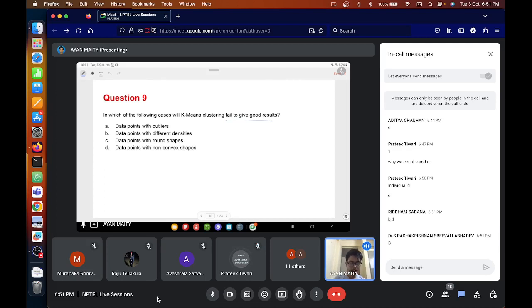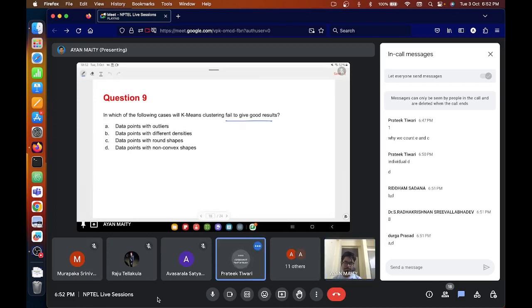Riddham Sadhana says option B and D. So B is with different densities and D is with non-convex shapes. And Dr. S. Radhakrishnan says option B, which is data points with different densities. And Durga Prasad says A and D. So data points with outliers and data points with non-convex shapes.